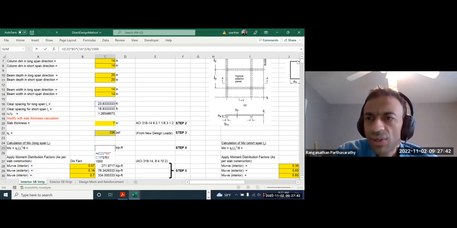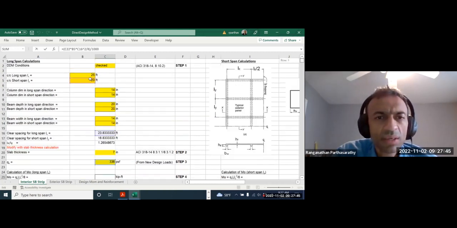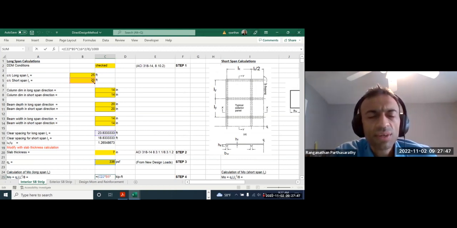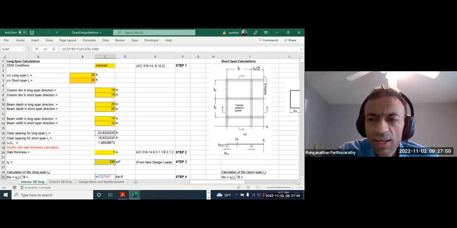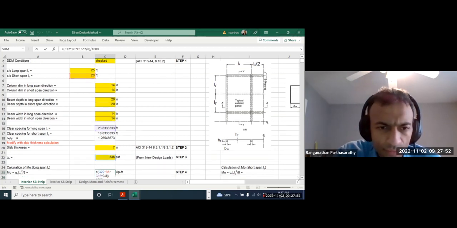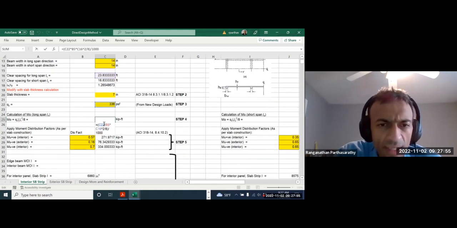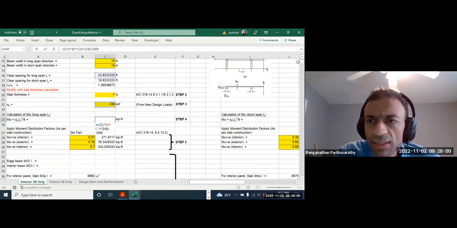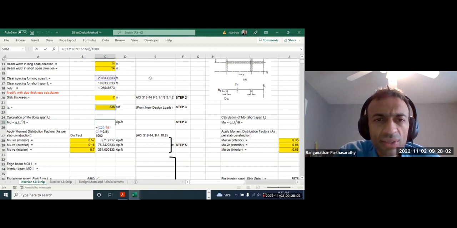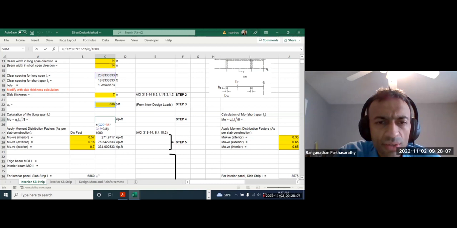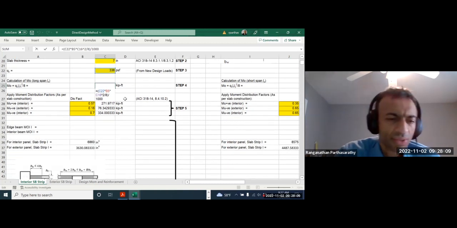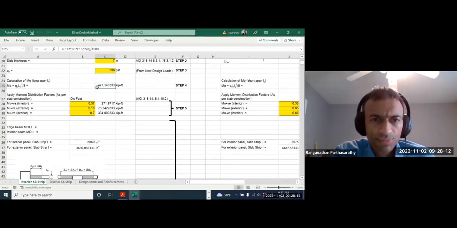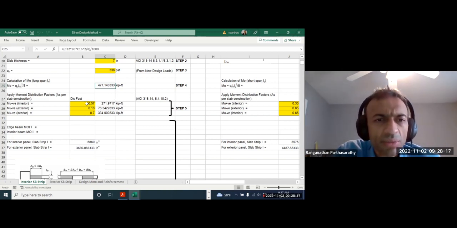For the long span, your short span becomes the converter from area load to line load. Then this is your clear span in the long span direction, so divided by 8, that is your design moment.